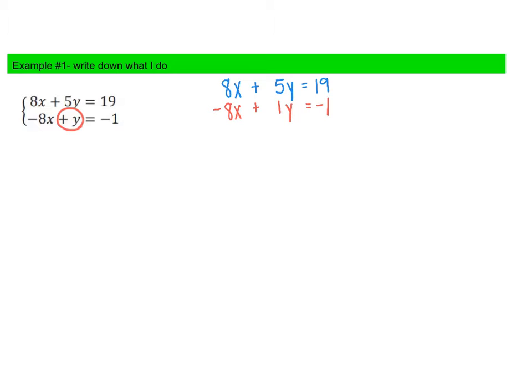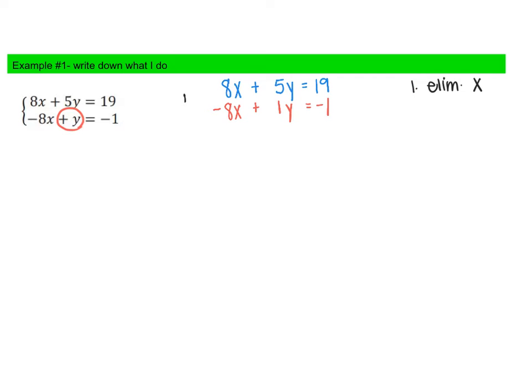I'm going to eliminate the x's. You could definitely eliminate your y's, but you'd have to do a little bit more math because 5 and 1 don't eliminate. That makes 6. So we'd have to turn that 1 into a negative 5. But I've decided I'm going to go with my x's, so that's the first thing I'm going to do.